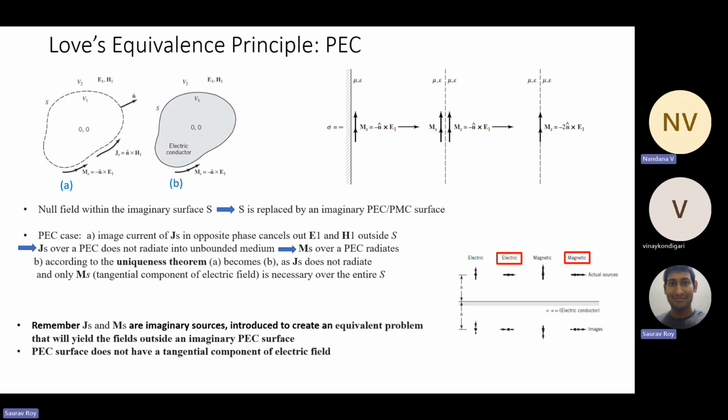Yes, sir. So now from this you see the top right side. But before that, one thing. Now you tell me, for an electrical conductor, what would be the value of the tangential electric field? Forget about this principle. From basic electromagnetics, for a perfect electrical conductor, what is the value of the tangential electric field?